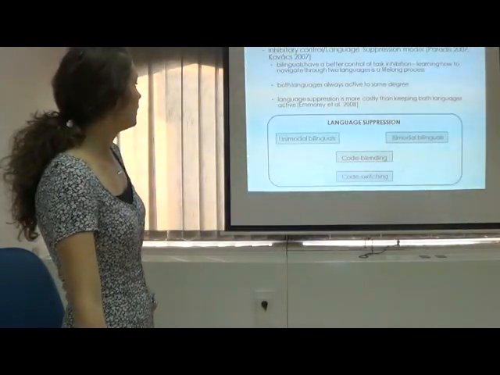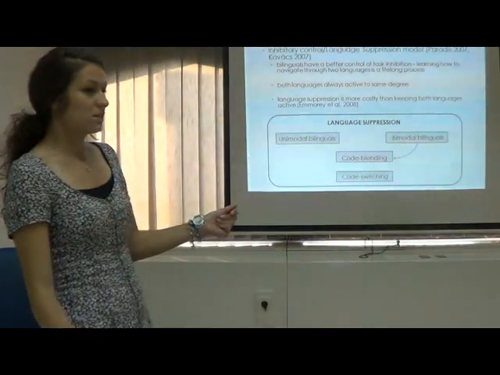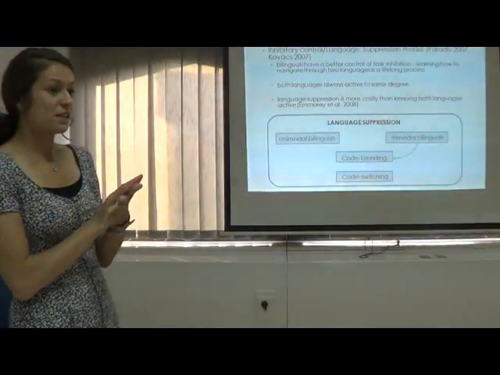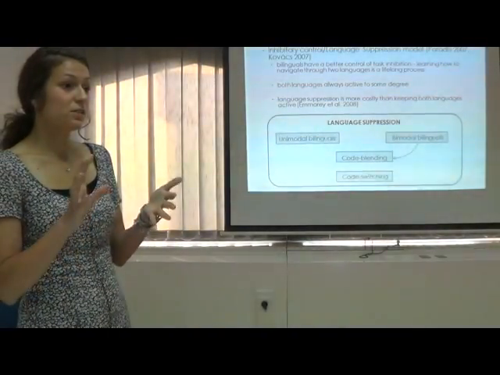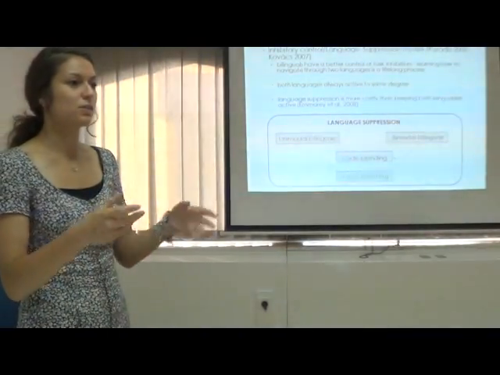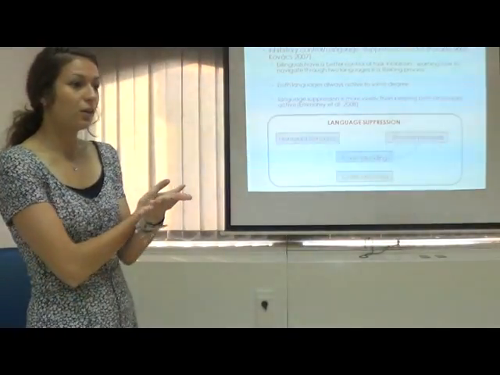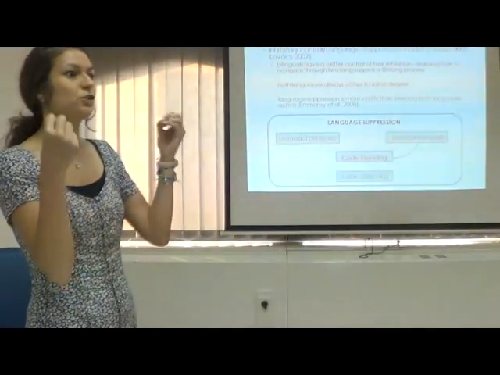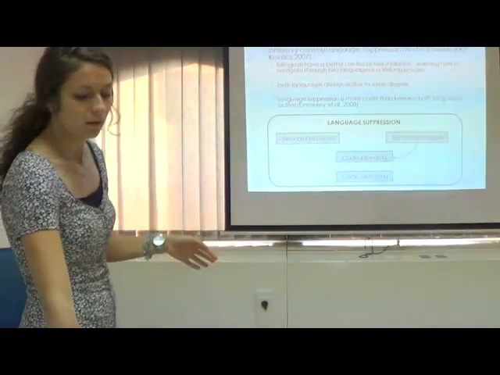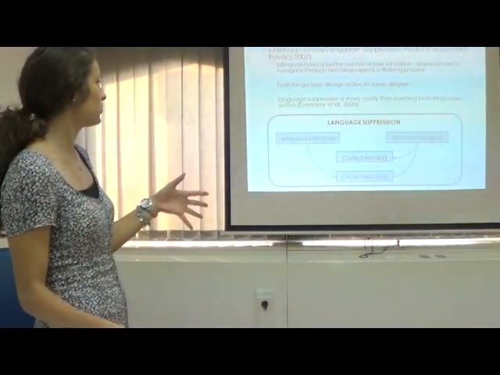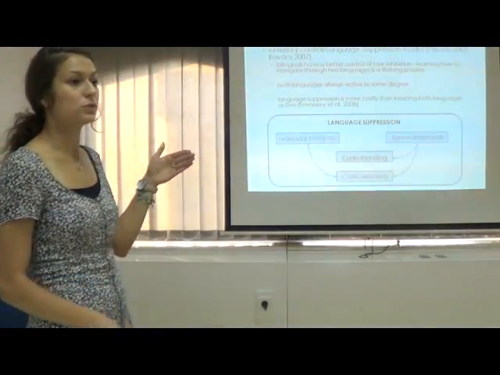Bimodal bilinguals can lower this cost even more by using both languages simultaneously. So besides having both languages active, they can use them at the same time. But they can also code switch, as bilinguals do too.